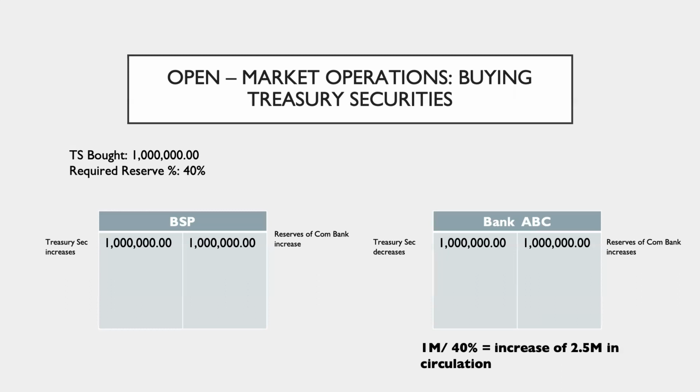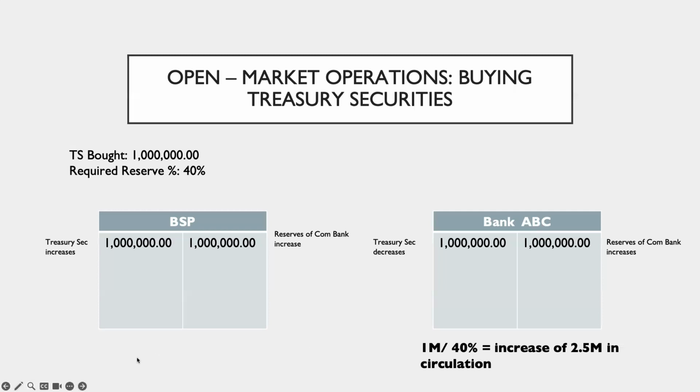But from the point of view of the central bank, the increase in treasury securities is because of the securities acquired by the BSP. And there is an increase in the reserves of the bank, which became their liability, who sold the security to the Bangko Central.